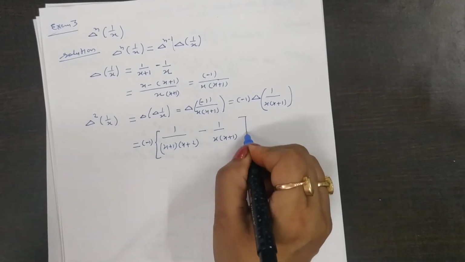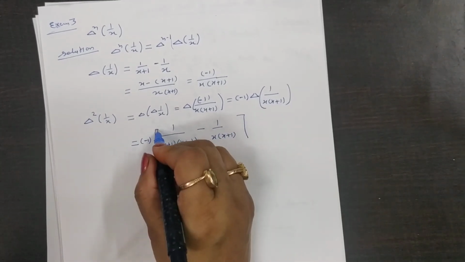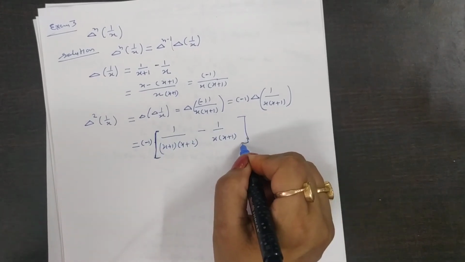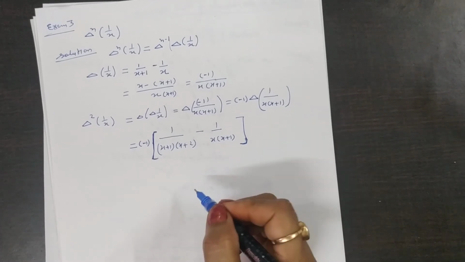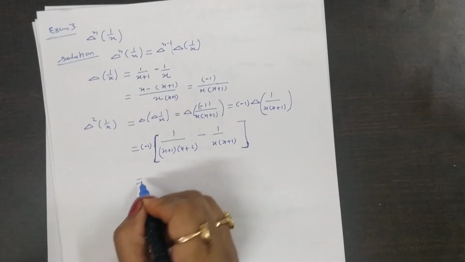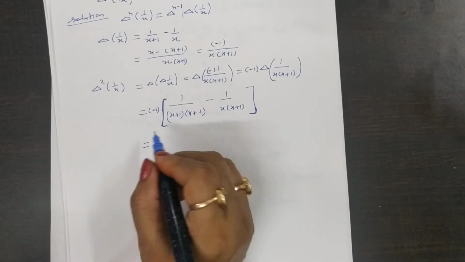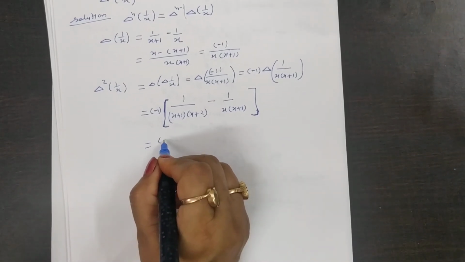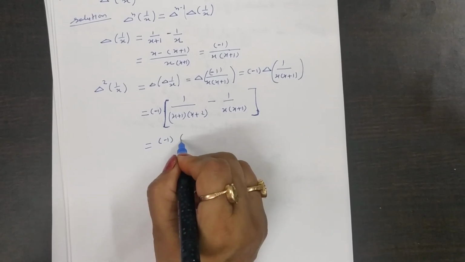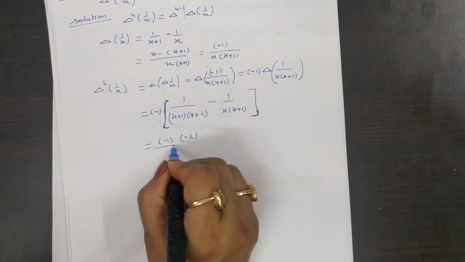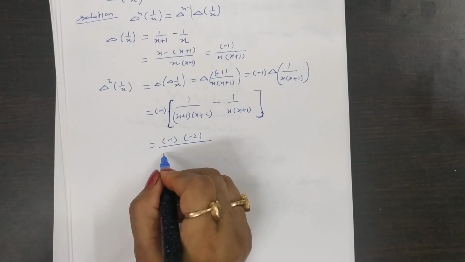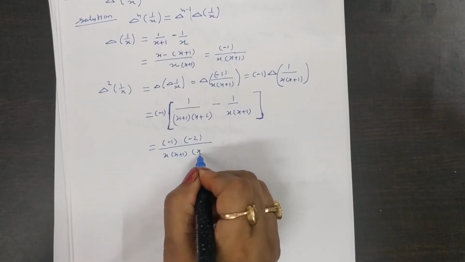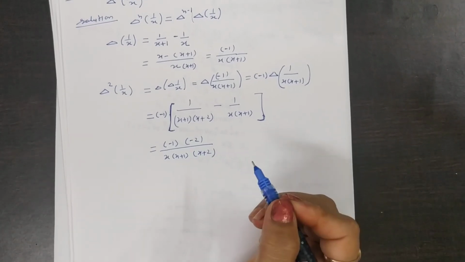Evaluating this, you can easily get the next term, minus 1 into minus 2, divided by x plus 1 into x plus 2.